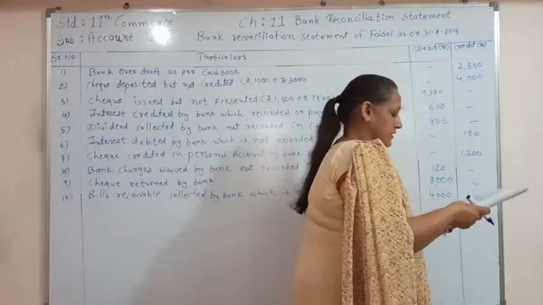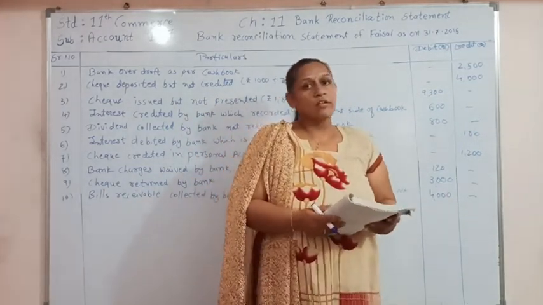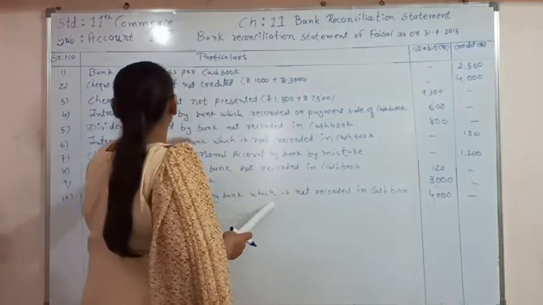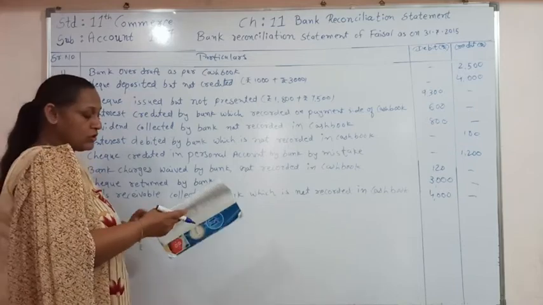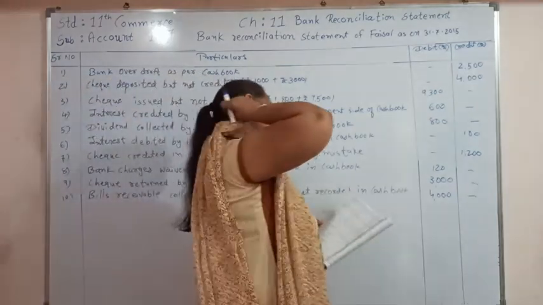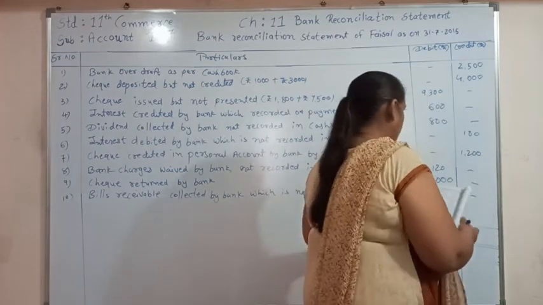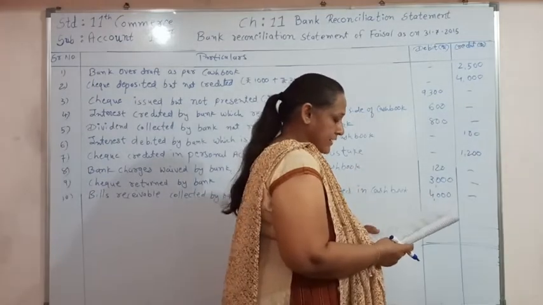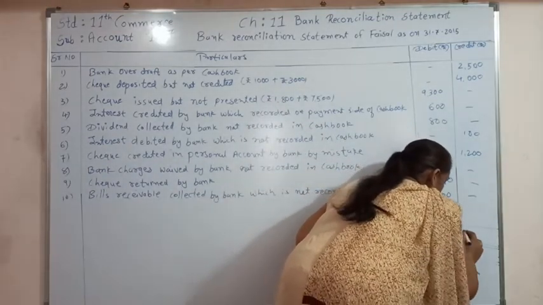So here we can see that all the transactions are finished. Now let's find out the balance. Here we started from the cash book, so we are going to reach the passbook. Let's make the total of debit and credit side. We can see that the total of debit side is more and it is 17,820.